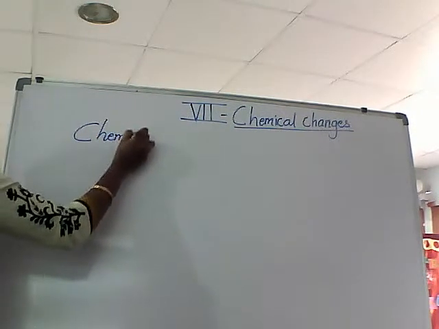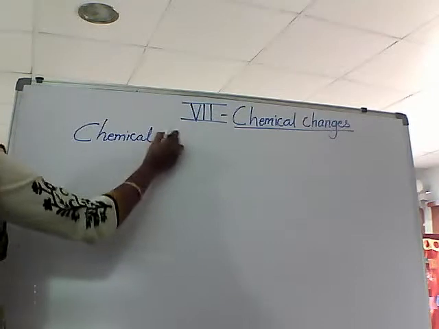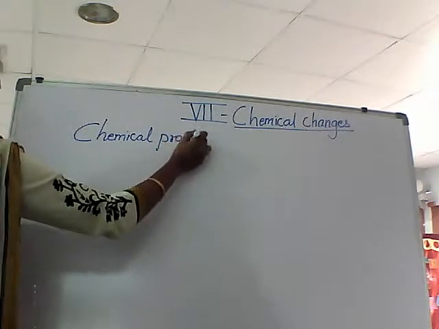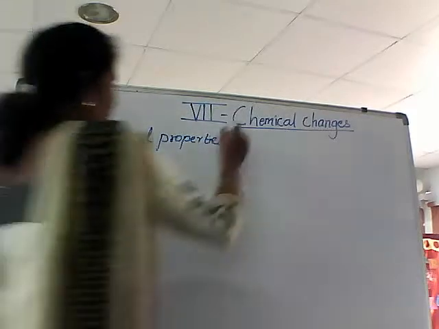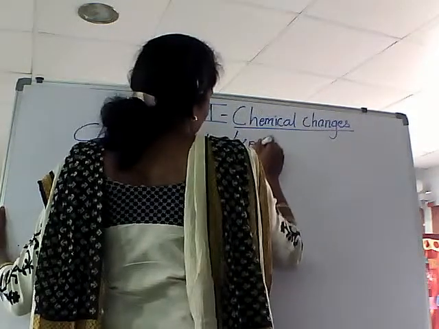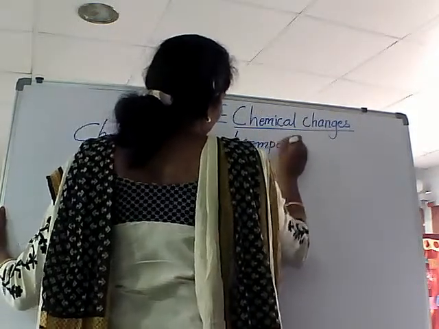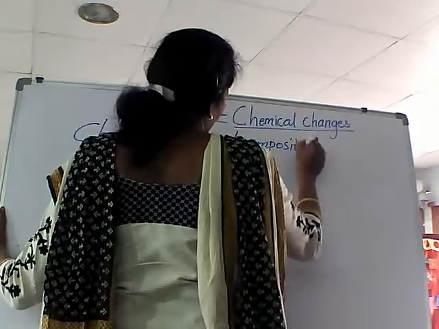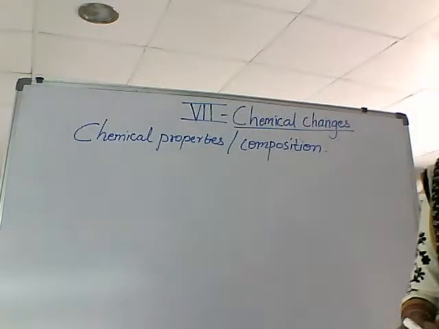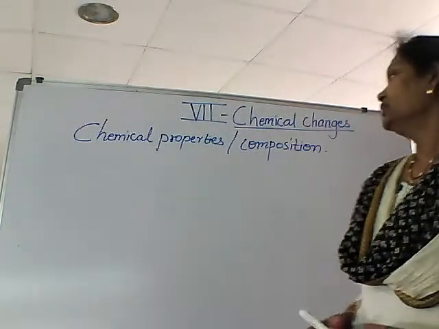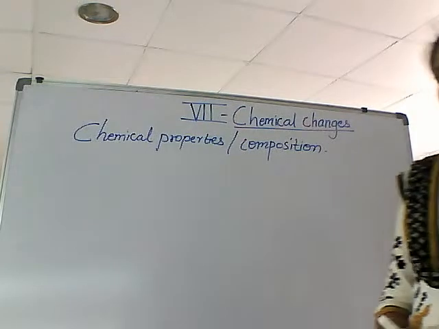Now what are these chemical properties? Chemical properties or the composition. उसका कंपोजिशन ही चेंज हो जाता है, पूरा का पूरा कंपोजिशन ही चेंज हो जाता है, and so it is called a chemical change.